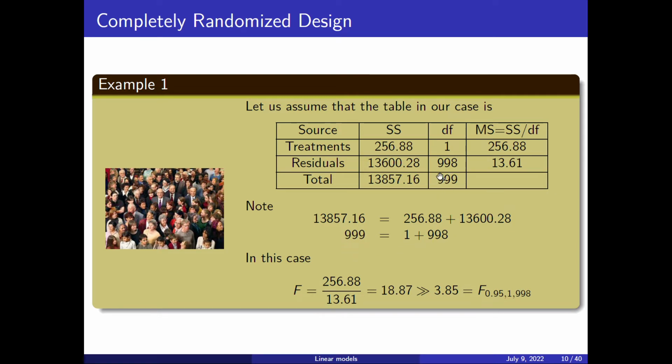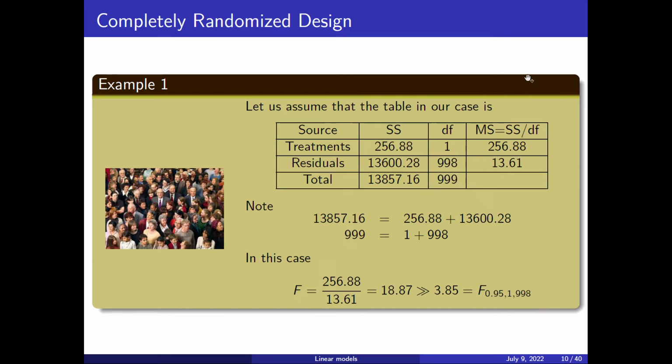How much sum of squares is a single parameter of a treatment explaining? We divide, but it is the same because the denominator is 1. How much is a single degree of freedom of the residuals explaining? Much less, because the ratio between these two is 13.